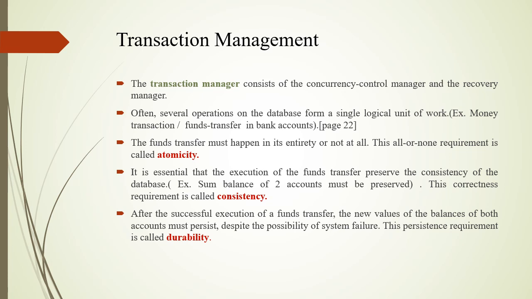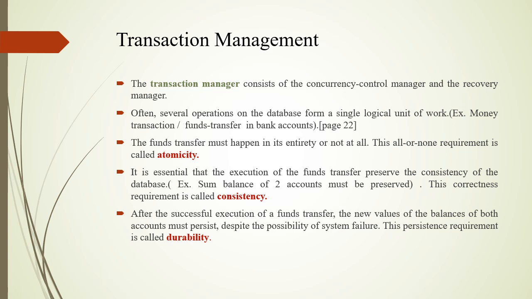And then you have consistency. Consistency says that the total amount of A and B should be the same before the transaction and after the transaction. So before the transaction, account A had 5,000 rupees, and account B had 500 rupees.